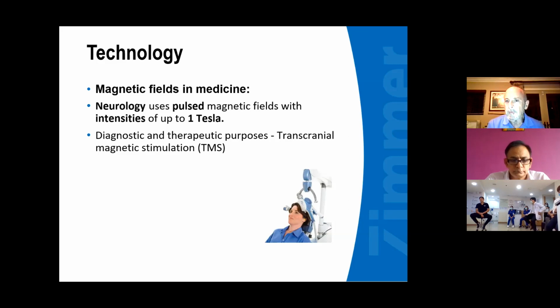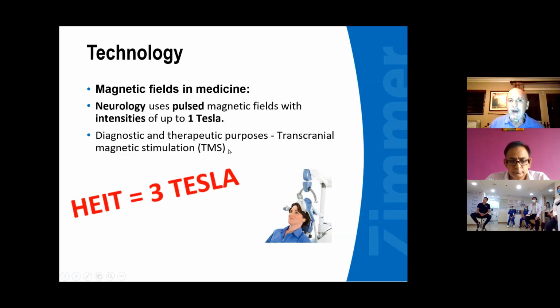They use electromagnetic fields, but again, a capacity of 1 Tesla. The device we're talking about tonight for musculoskeletal re-education, pain management, has the capacity of 3 Tesla. So we're talking about a very, very powerful machine which can influence these cells.